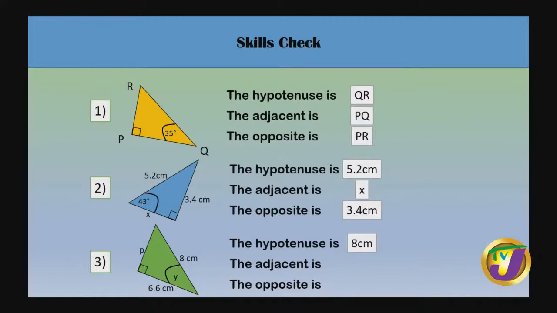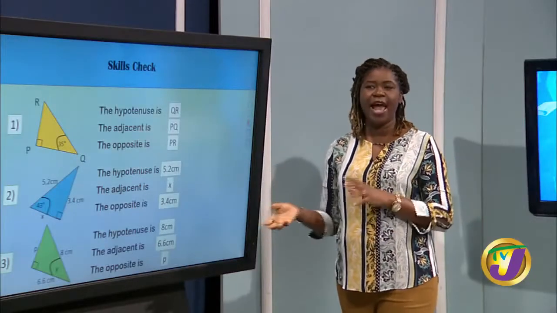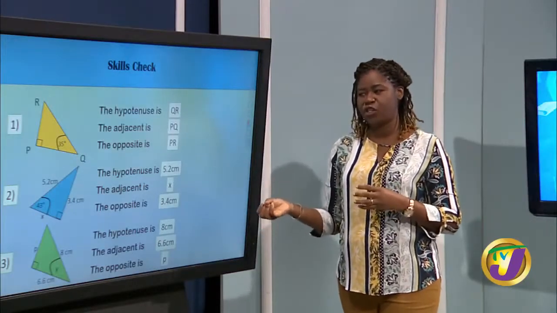The adjacent is to angle Y, which would be 6.6 centimeters, the side measuring 6.6. And the opposite side is going to be P.